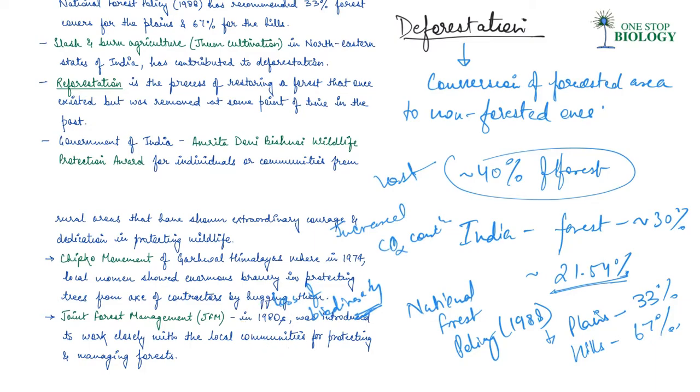So basically what happens is the government is working very closely with the local communities for protecting and managing forest, and in return they get various forest products like fruits, gum, rubber, medicine, and they can use this, they can sell this, and they can make it as an occupation as well. In similar way, Government of India has recently instituted Amrita Devi Bishnoi Wildlife Protection Award for individuals and communities from rural areas that have shown extraordinary courage and dedication in protecting the wildlife.